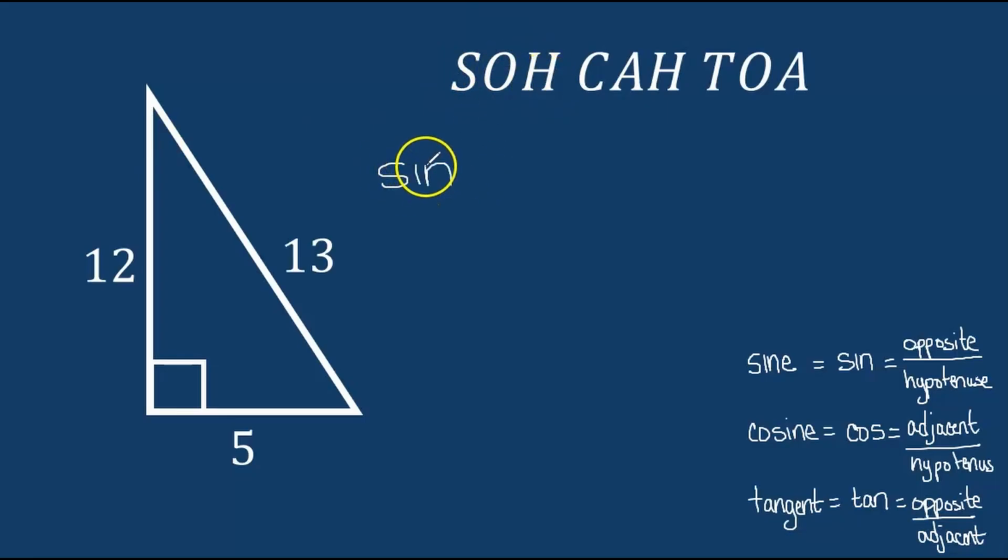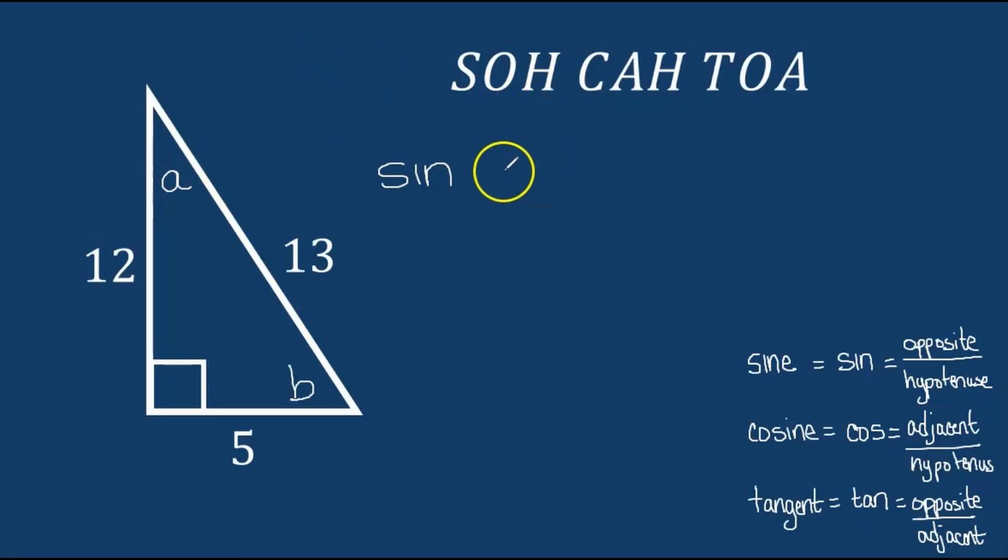We have to orient ourselves to one of the angles, so we're going to call this angle A and this angle B. Depending on which angle we orient to, our sine ratio is going to be different, because it's the side opposite the angle over the hypotenuse.